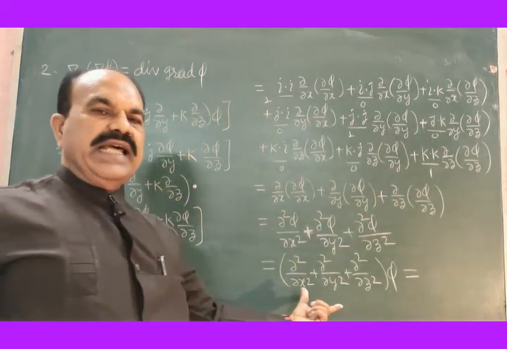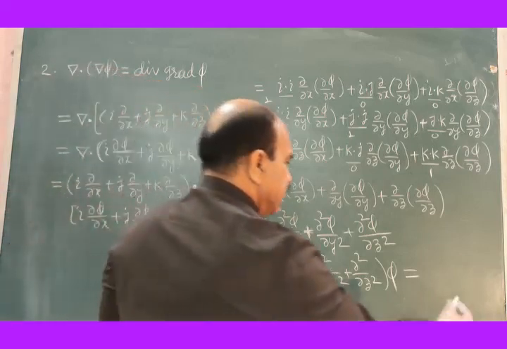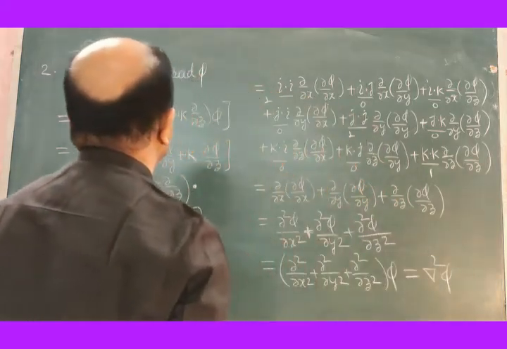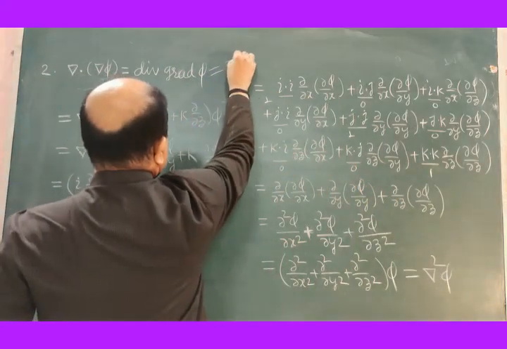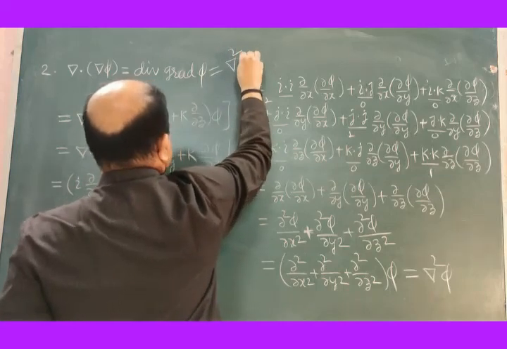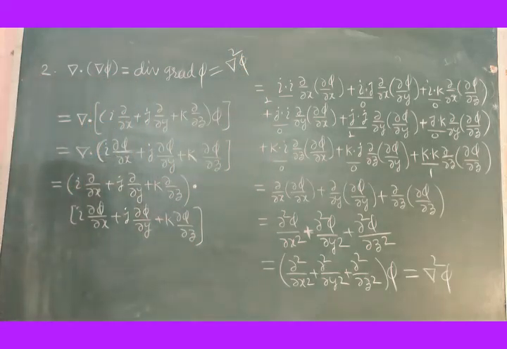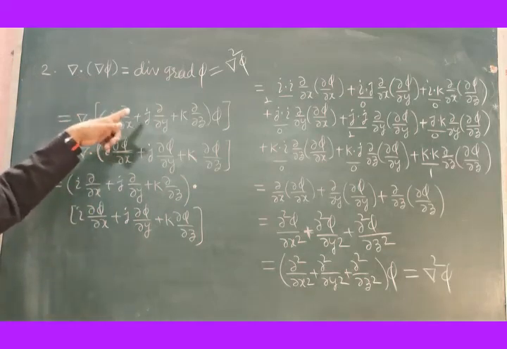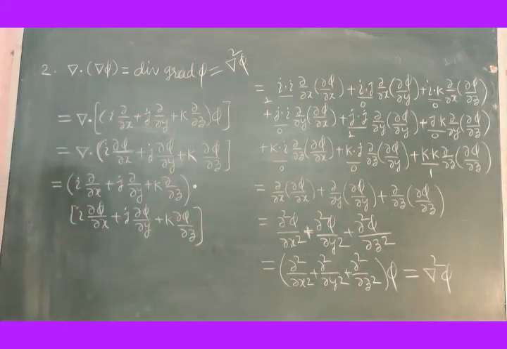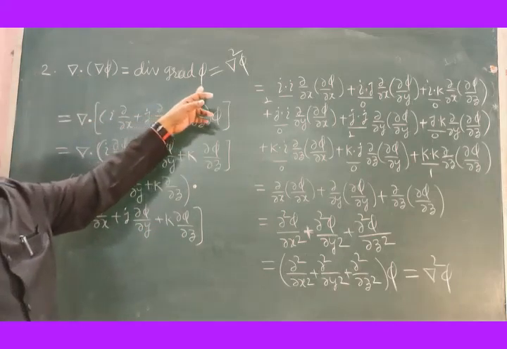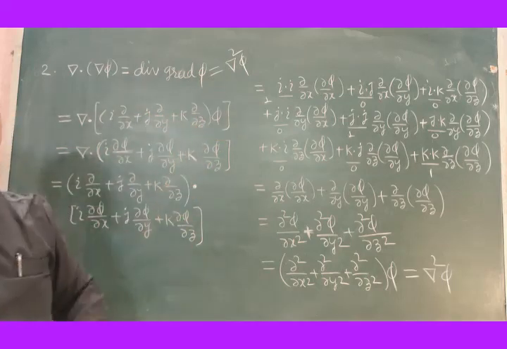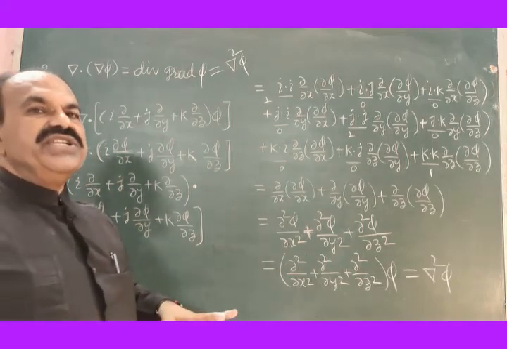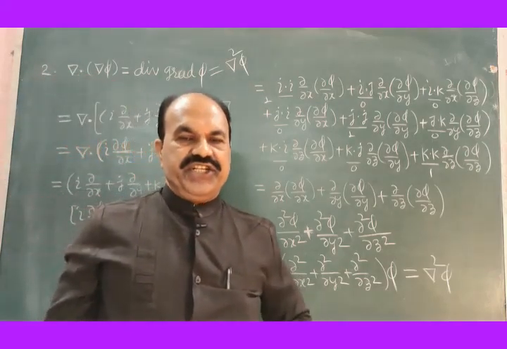The bracket is the Laplacian operator del square, and so it is del square φ. Therefore the second vector identity is simply del dot del φ, or divergence of gradient of a scalar function φ, is equal to del square φ. This is about the second vector identity.